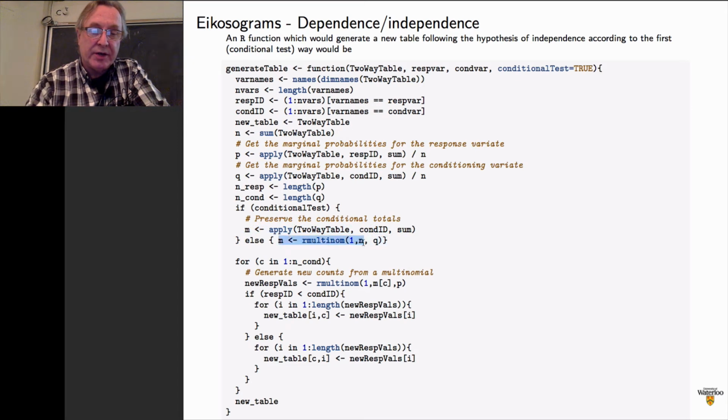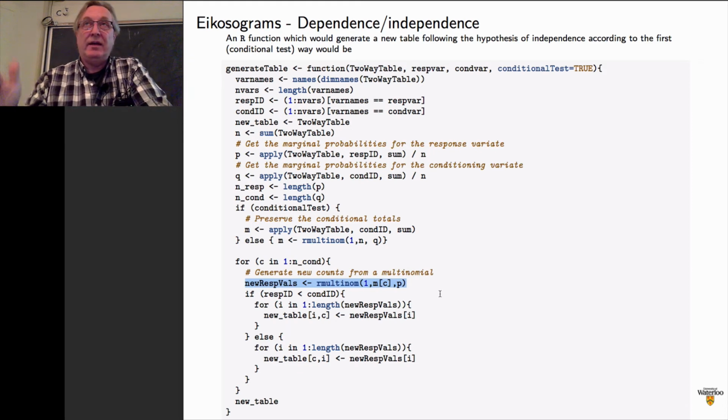If it's unconditional, I'm going to generate them using those same proportions, Q. And however I've got these now, generating the conditional part is the same. So I'll take those values. M is now the totals of each column, and I'll go and generate new response values, new counts, just using that multinomial with however many I have there, and the marginal probability distribution for Y. Okay? So that looks a little complicated, but it's not really. It's just that simple thing that we talked about. So generate that new table and return the new table.